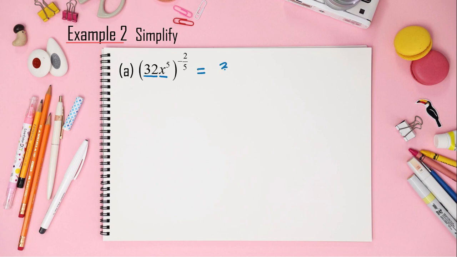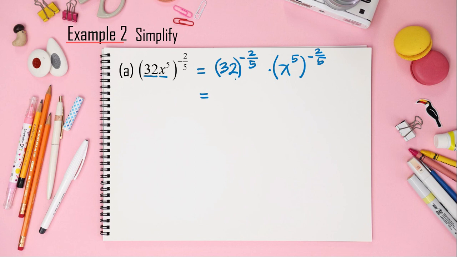So you have 32 to the power of negative 2 over 5, multiplied with x to the power 5 to the power of negative 2 over 5. That is how you split up the base. Now we will simplify the expression.